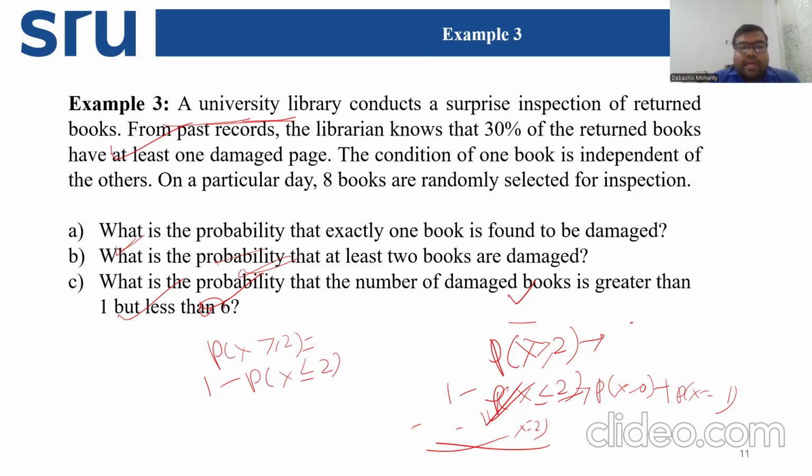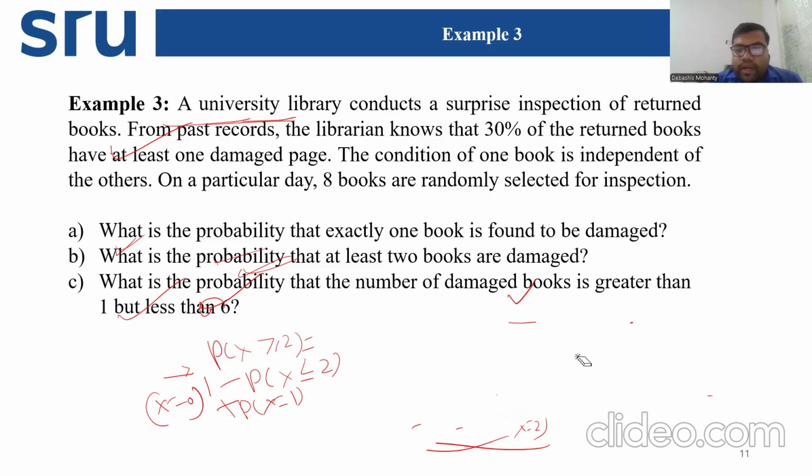Lesser values of 2 means either x equals 0 plus probability of x equals 1. Okay, students. So already we have done these concepts. So here we are choosing the probability of x equals 0 and x equals 1.